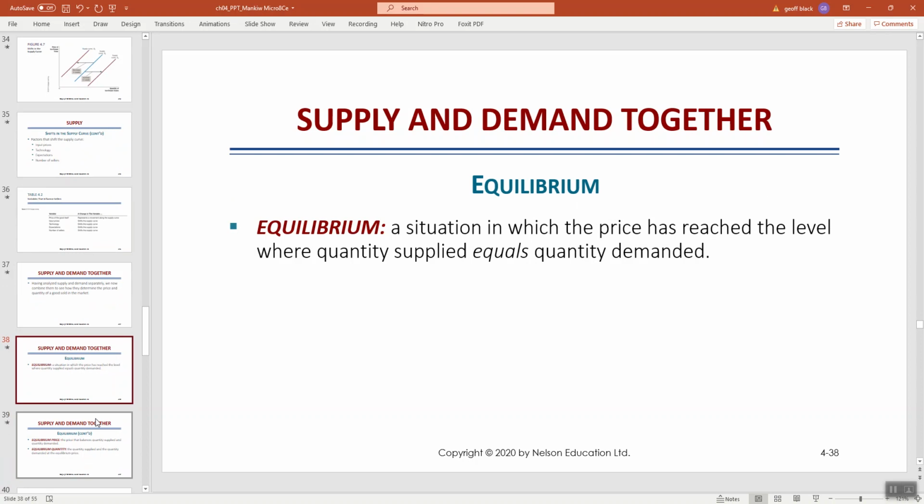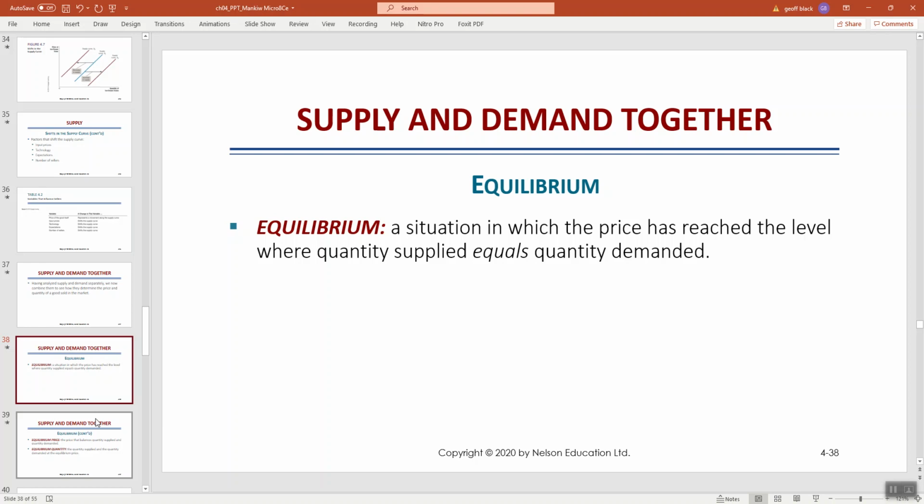When they meet, this is called equilibrium. This is a situation where the price has reached the level where quantity supplied equals quantity demanded. It means it's balanced, right? It's like a teeter-totter. There's not too much weight on one end and not enough on the other. They're weighted equally. They are in harmony.